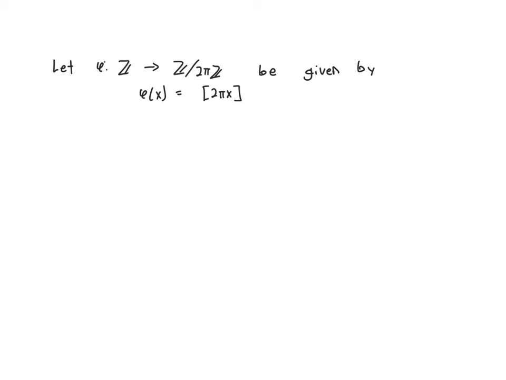Alright, let phi be the homomorphism from the integers, which remember is a group under addition, to the abelian group C mod 2 pi Z, given by the map that sends x to phi of x, the equivalence class of 2 pi x.